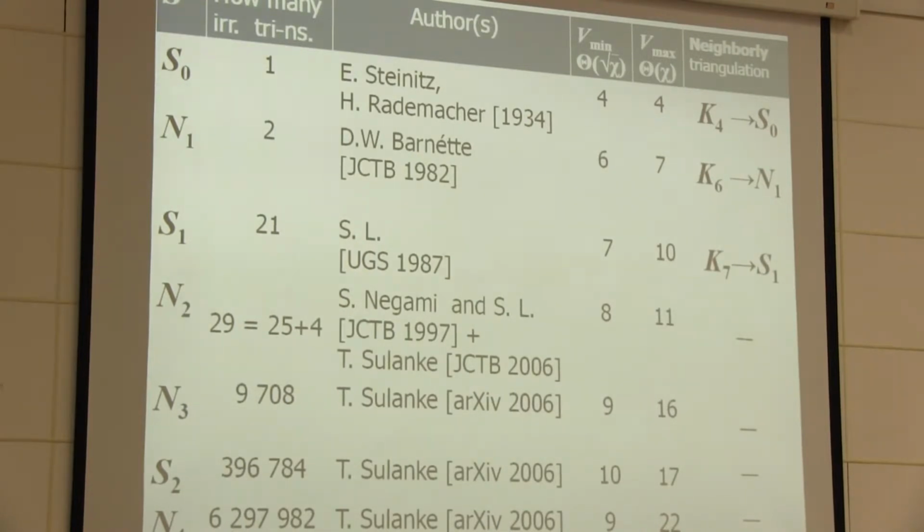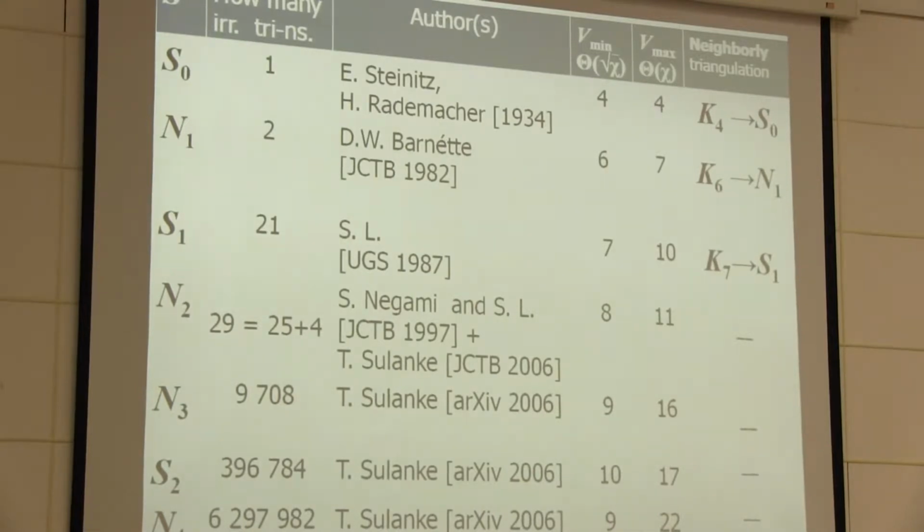And here is the table in which I wrote all the results known up to date. The first line is the sphere, S0. And as I said, I proved above that there exists precisely one irreducible triangulation, K4 on the sphere, which is actually a simple result, and of course it was known a long time ago.